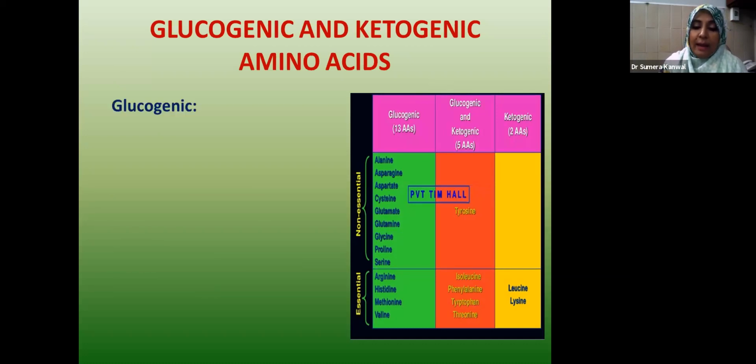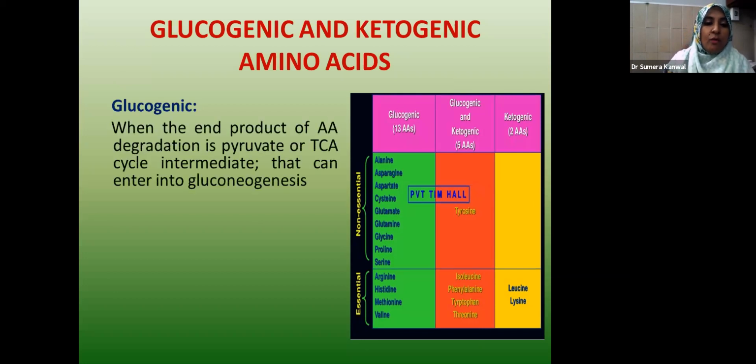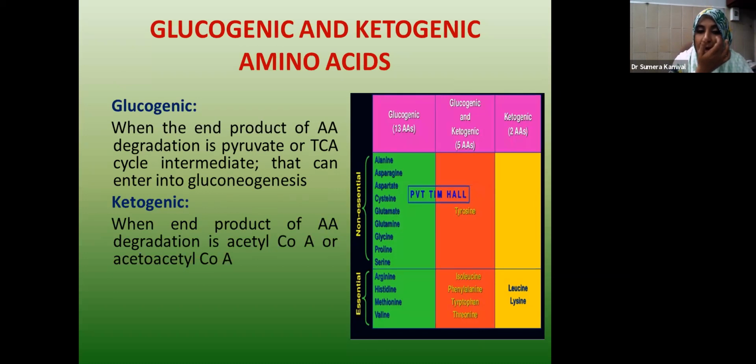So we have different types of amino acids. Glucogenic amino acids are those where the end product of amino acid degradation is pyruvate or a TCA cycle intermediate that can enter gluconeogenesis. The amino acid could be a ketogenic amino acid when the end product of amino acid catabolism is acetyl-CoA or acetoacetate.